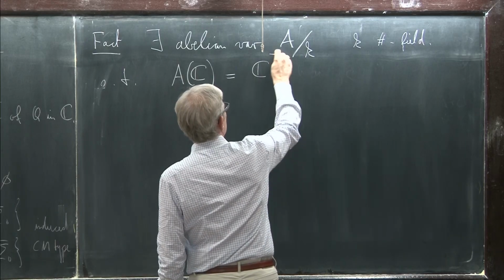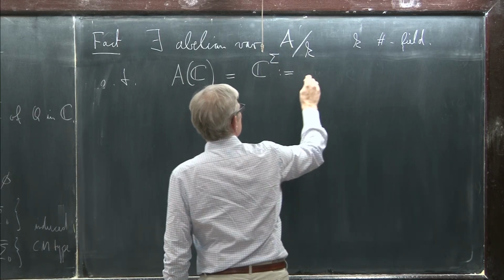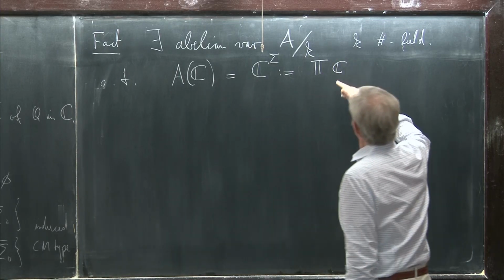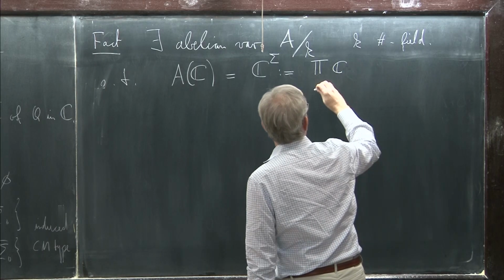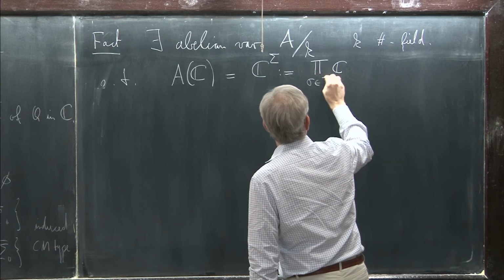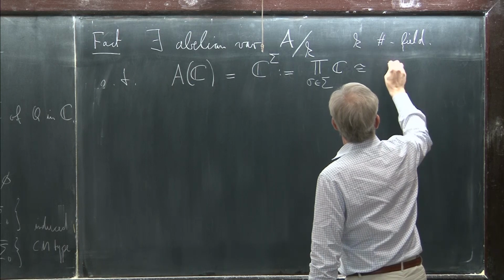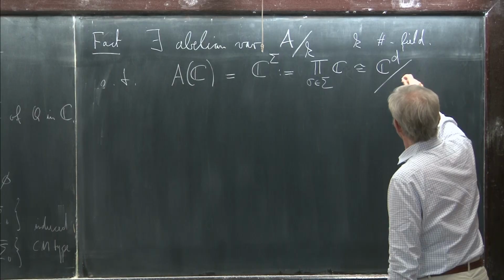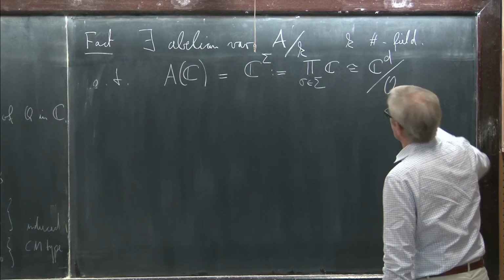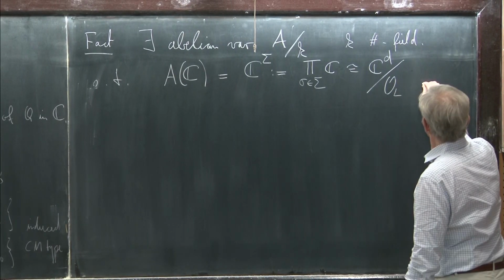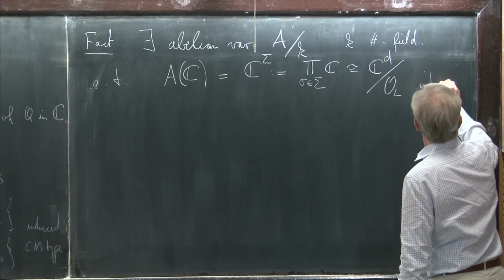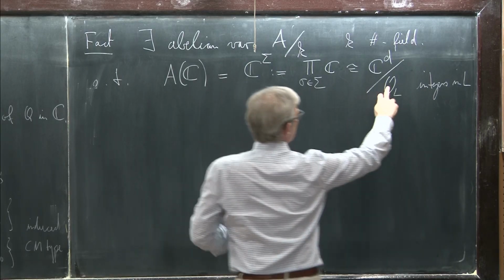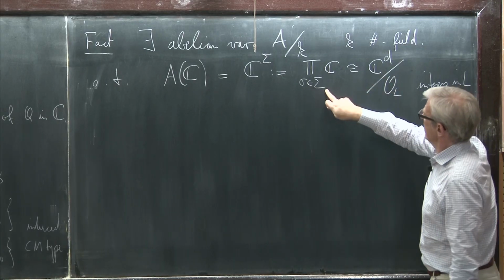You take C to the power sigma, which is a short notation for taking as many complex copies of the complex numbers as I have in sigma, and that's isomorphic to C to the D in this case. And you divide here by OL, the integers in L. And you embed the integers exactly by this embedding sigma.